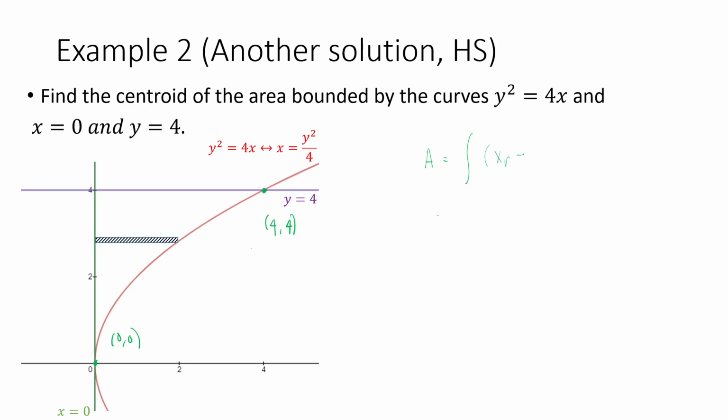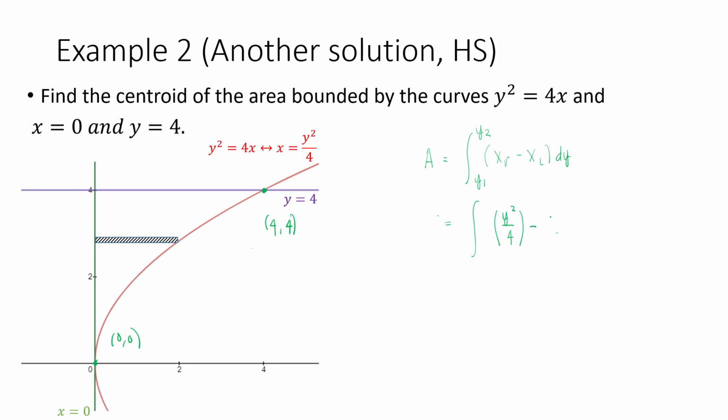So x right minus x left, and then dy from y1 to y2. So x right is the red graph, which is now y squared over 4. Notice that it's better to look at, because there's no radical expression.